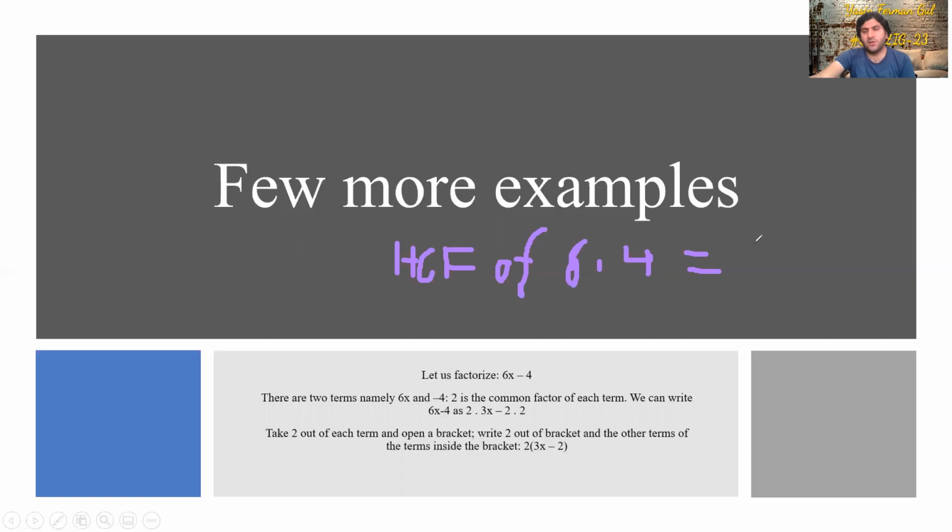It's obviously going to be number 2. 2 times 3 is 6, 2 times 2 is 4. There is no other number greater than 2 that is a factor of both these numbers. So that's why it's 2.